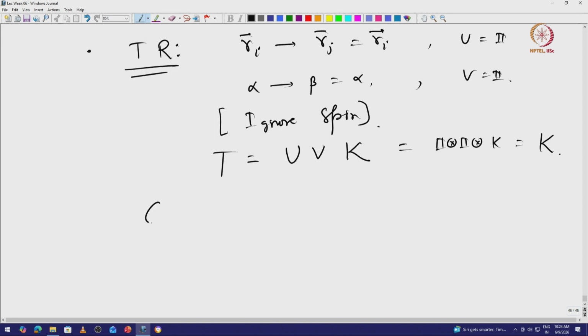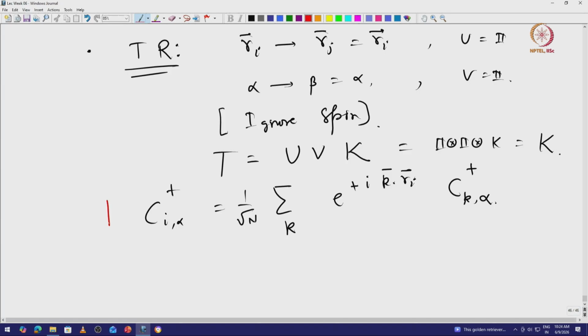Now, under time reversal, whether I put it on one side or two sides does not matter, it just acts on this.